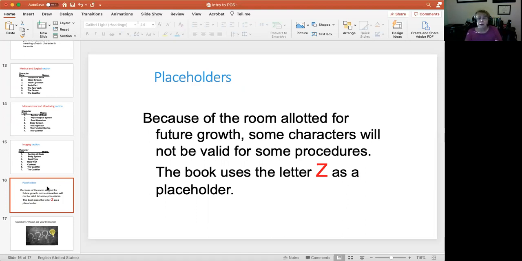Okay, and I'll give you an example. When PCS first came out in October 2015, the 2016 code set, there was a root operation term called create, and it was used exclusively for male to female or female to male sex transition, to create either the penis or create the vagina, okay?